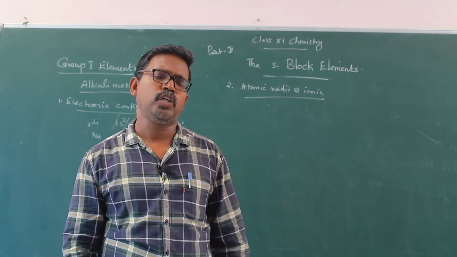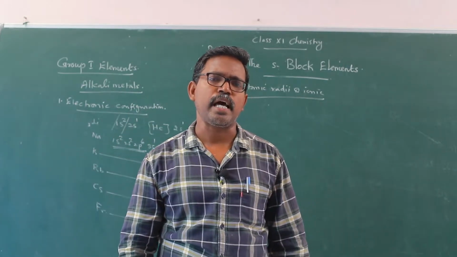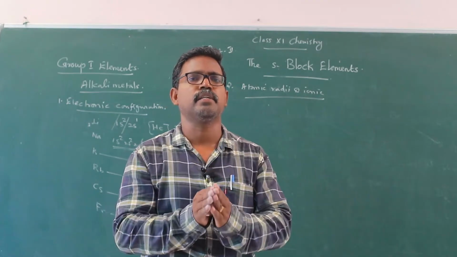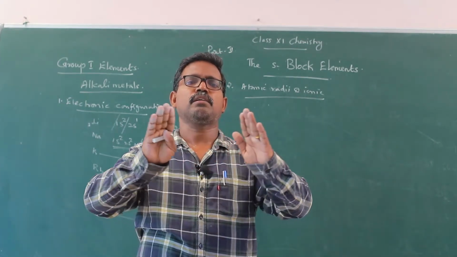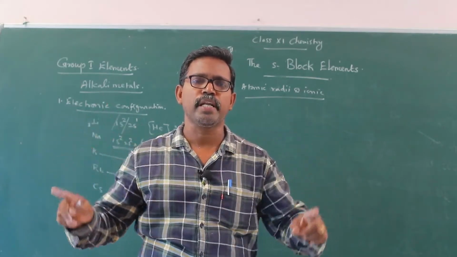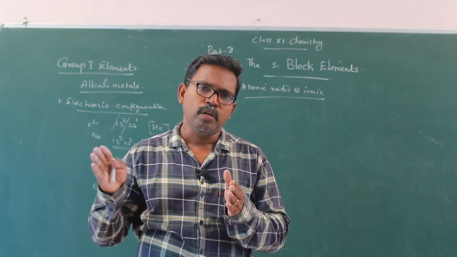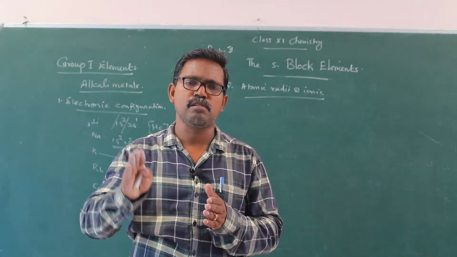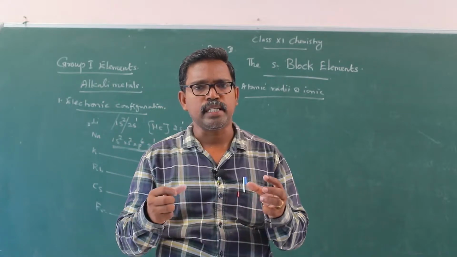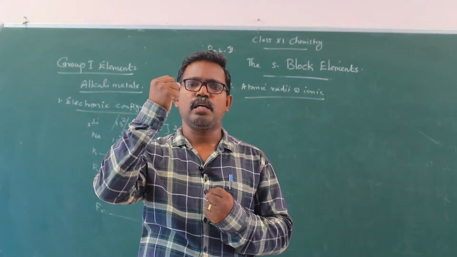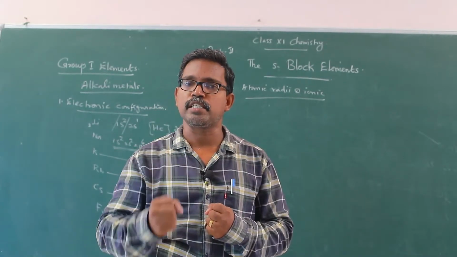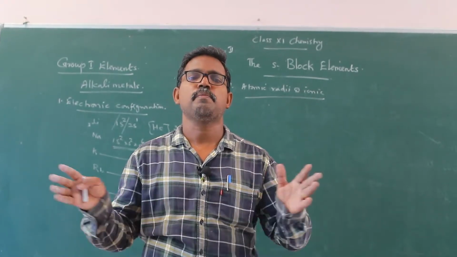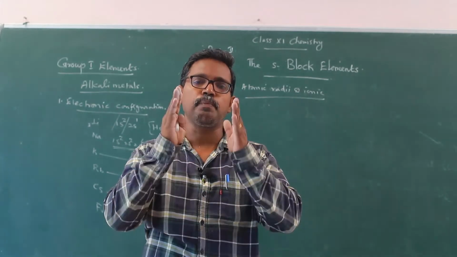We know that from top to bottom the size of an atom increases, because the electrons enter new main energy levels. So the force of attraction between the nucleus and the valence electrons decreases, and the size increases.